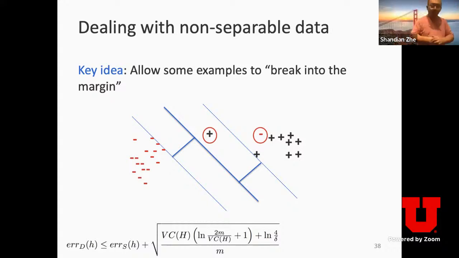In other words, we're going to find a separating hyperplane for most of the examples. And for the remaining outliers, we can allow them to break into the margin or even be misclassified by the hyperplane.